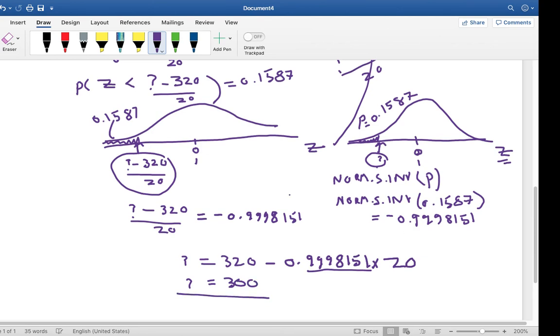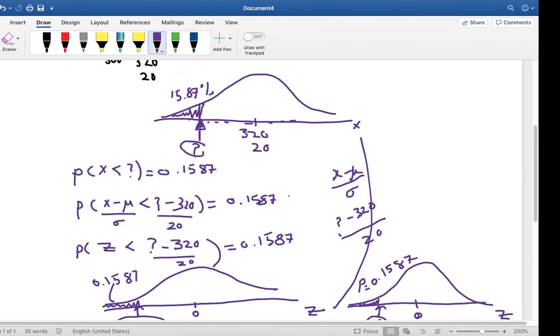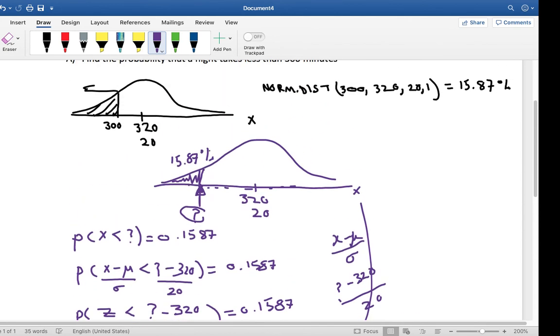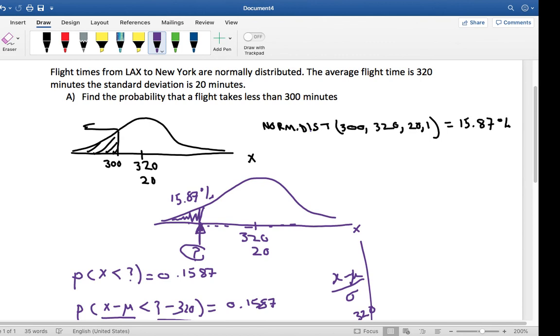So that was a long haul, wasn't it? So we managed to find out that this value in here is about 300. In fact, what I just did, I asked you the same question I asked you initially in reverse. Initially, I said to you, what's the probability that it takes a flight less than 300 minutes to go from LA to New York?